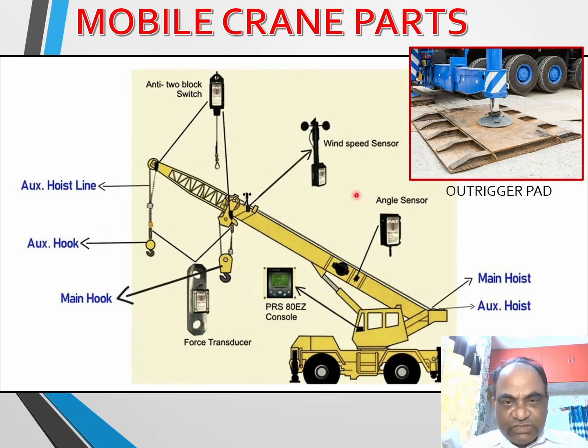So here you can see in the picture there are several sensors, and this is the outrigger and the pad basically. So this increases the area and distributes the whole load of the crane with the load it is lifting to a larger area.